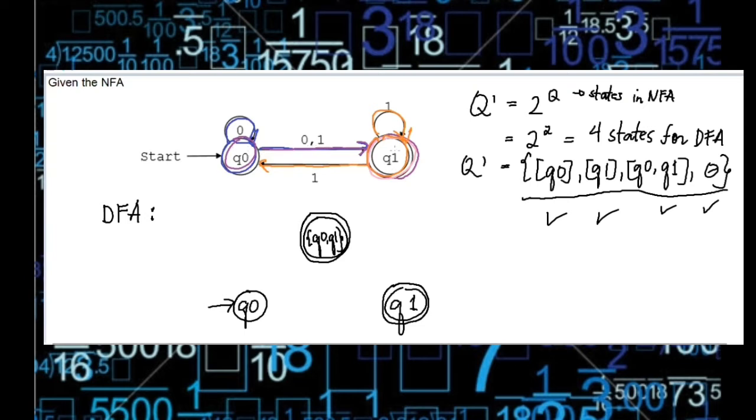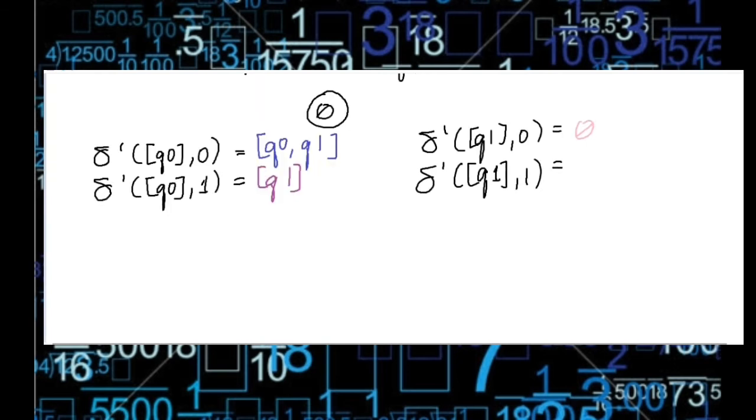So, ibig sabihin, Q1, mag-input ka ng 1, either Q0 or Q1 ang kanyang target states. So, let us put it here. We have two answers. Q0, Q1. Okay. So, tapos na tayo sa initial state, sa ating second state.